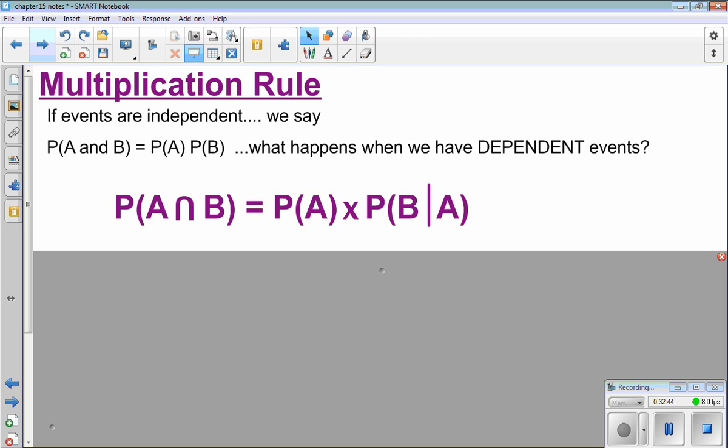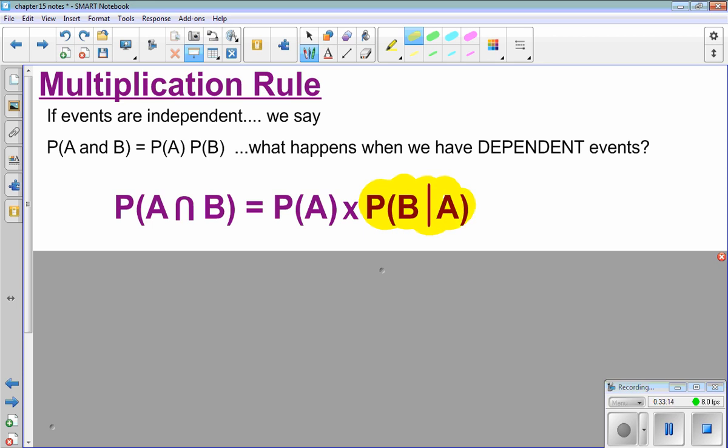So, if you look at your formula sheet for me, and you look at the second formula, you'll see it looks similar to this. Would you agree? Look at yours. What is the difference between that formula and this one? The one on the formula sheet has this by itself, doesn't it?